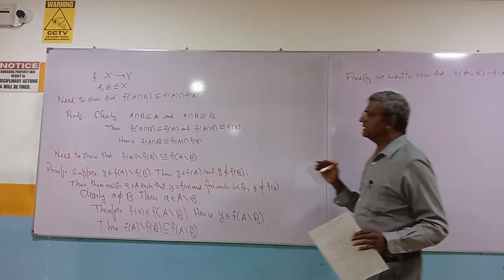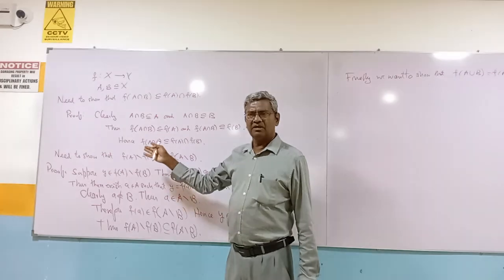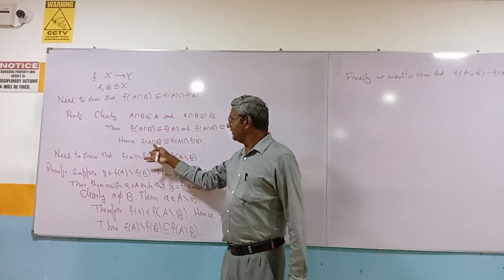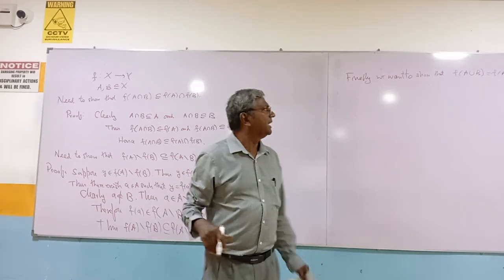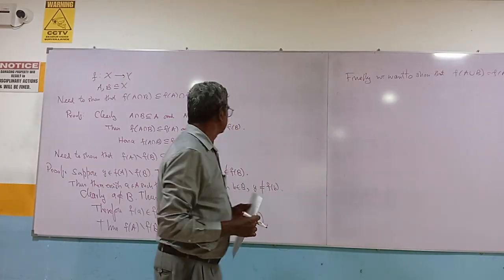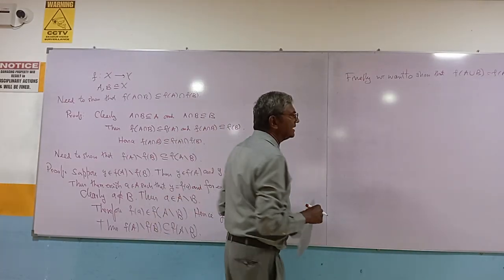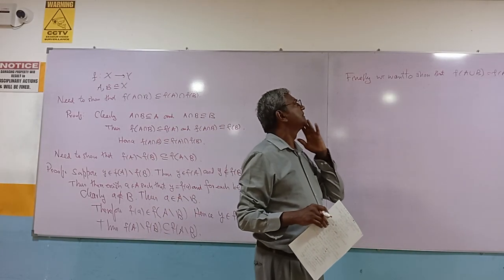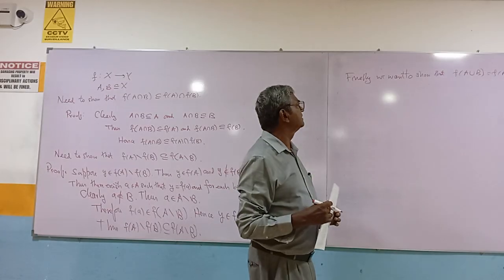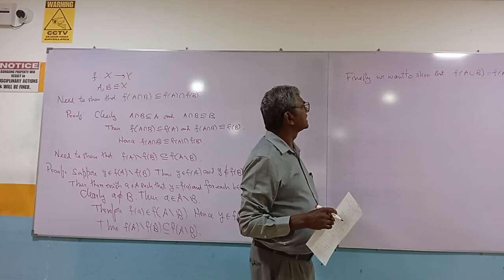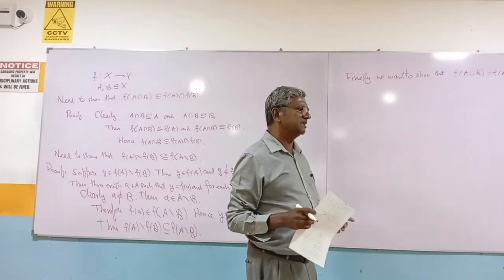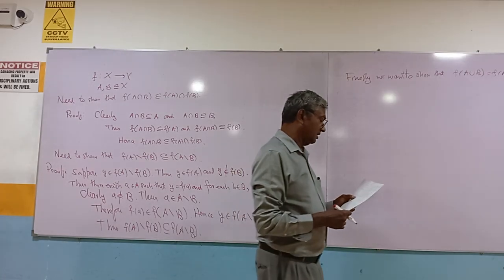So these are important results to remember when you are doing topology stuff. f(A intersection B) is always a subset of f(A) intersection f(B), and it can be a proper subset. I asked you to find an example when it is proper. For the unions, it is always true.